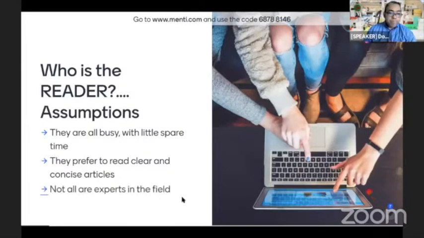Okay? And like I said earlier, not all are experts in a particular field. No? So kahit yung thesis panel ninyo, hindi lahat yon pare-pareho yung expertise nila. No?